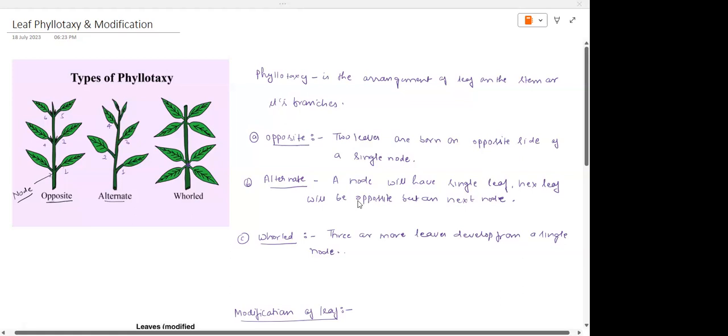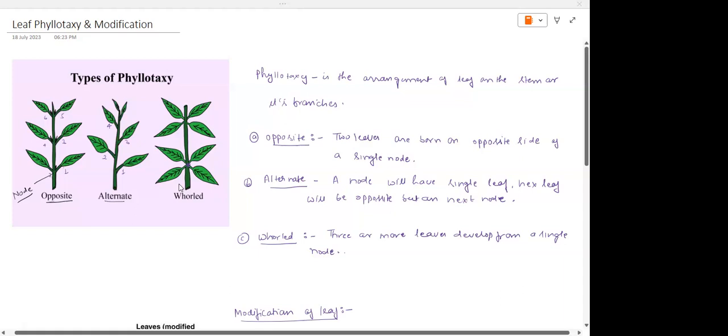Then alternate, the node will have a single leaf, and the next leaf will be in the alternate direction. Whorl leaf, the question has been asked, and you may get a question like what is the whorl arrangement. Fine.